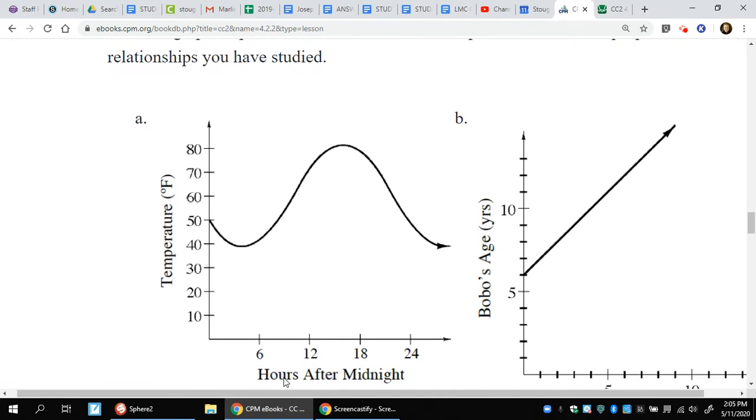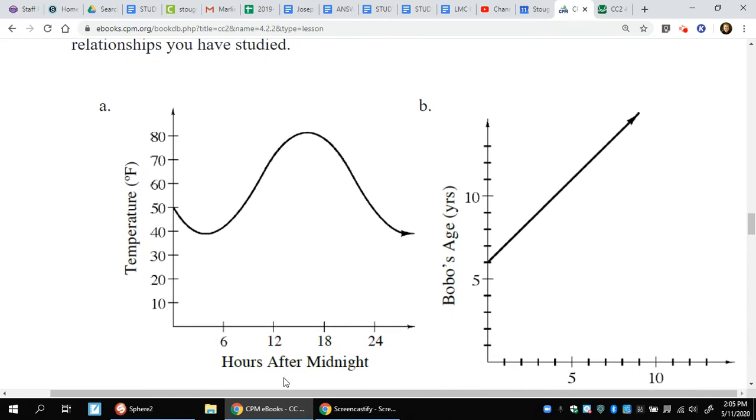If I'm starting with graph A, all of the proportional relationships that I have observed in the past start at the point of origin, which is where X and Y meet at the lower corner. For letter A, there is no start at the origin, and it's not a straight line.